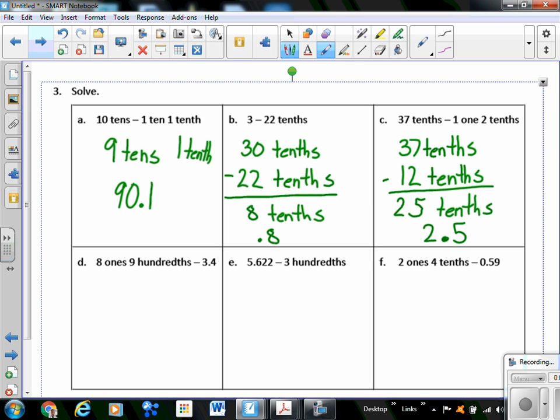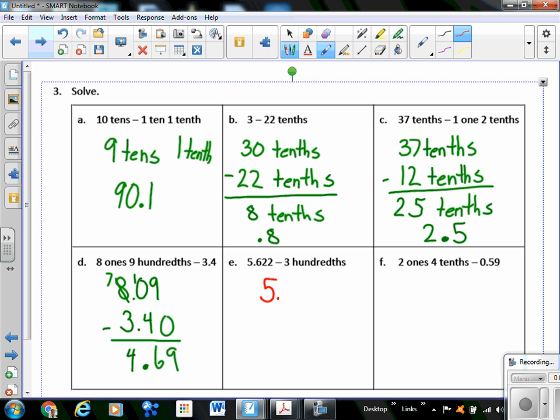If I have 8 ones and 9 hundredths, I'd have an 8 in the ones place. So that would be 800 and like that. And then I would have 3 and 4 tenths. Add a 0, 9, borrow from the 8, 6, 4, bring your decimal point down.